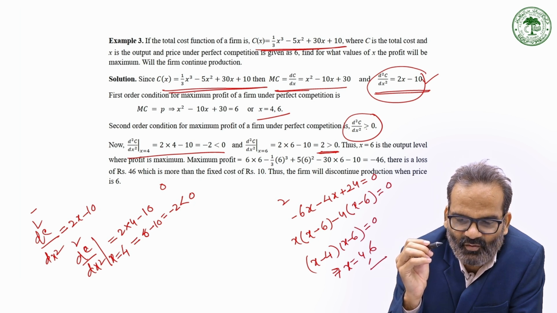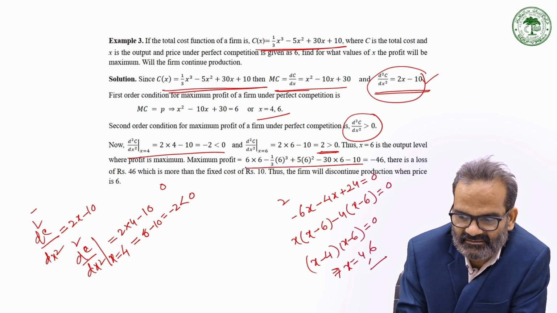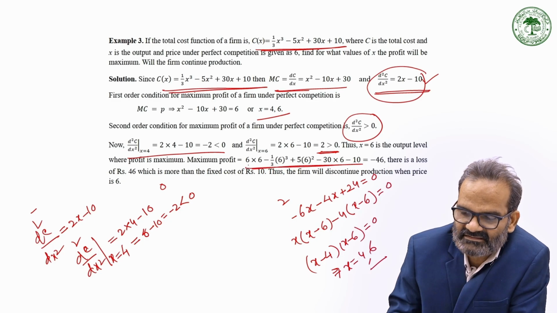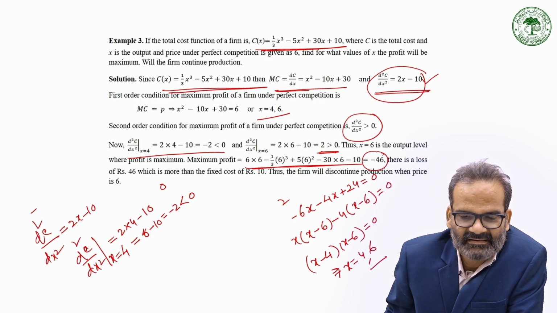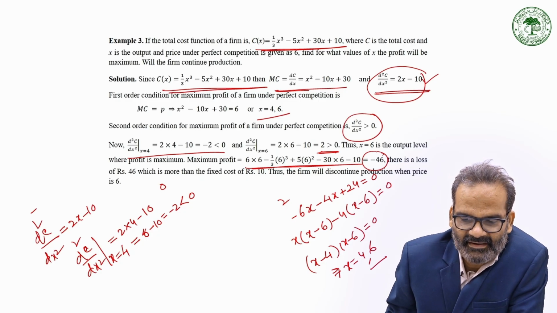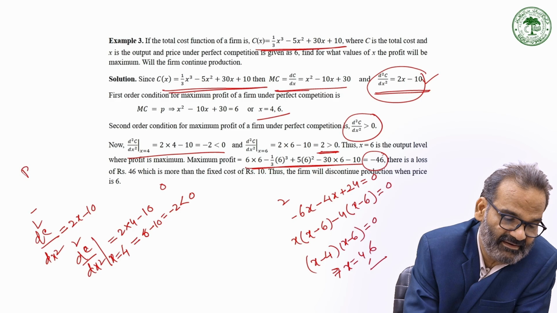So the maximum profit can be calculated by using this formula. See here, it is coming out to be minus 46, right? So how will we calculate the maximum profit? The maximum profit is calculated by P is equal to R minus C, and here R is what?